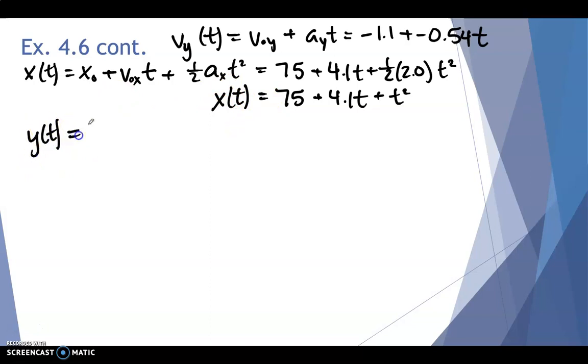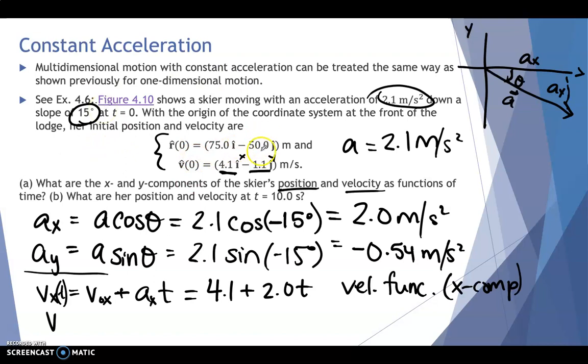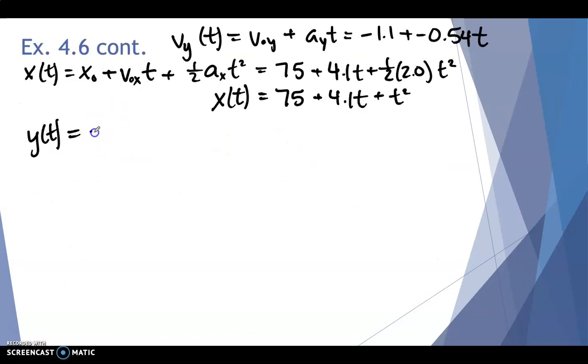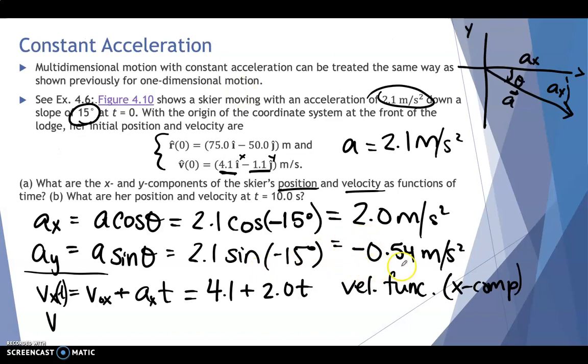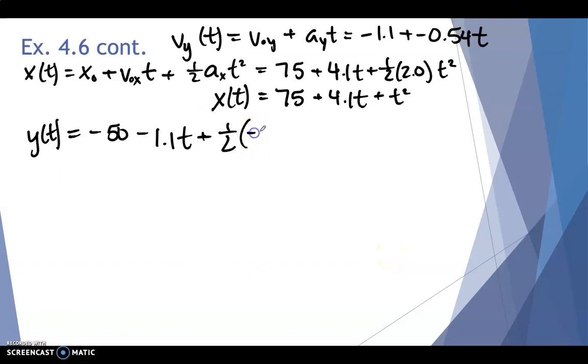Now we need to find y of t. It's going to be the exact same thing, but with y instead. So y naught is negative 50. So negative 50, plus our v naught y up here, which is negative 1.1, times t plus 1/2 times a sub y, which we found is negative 0.54, times t squared.